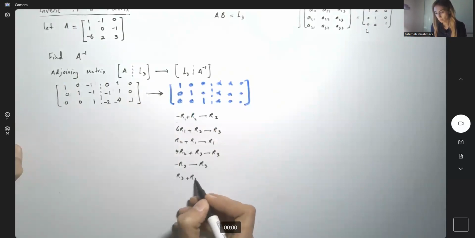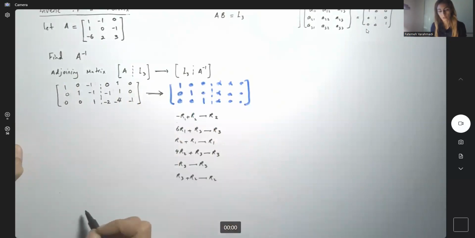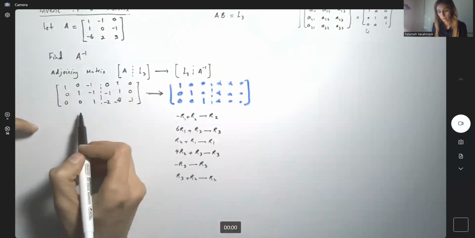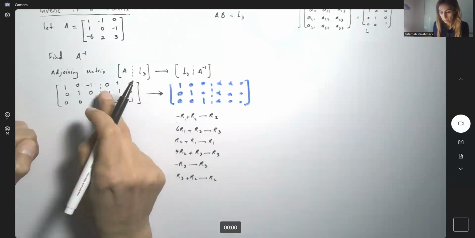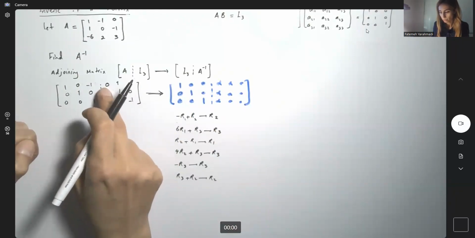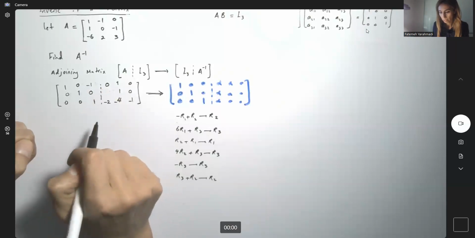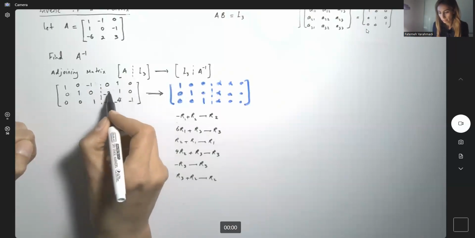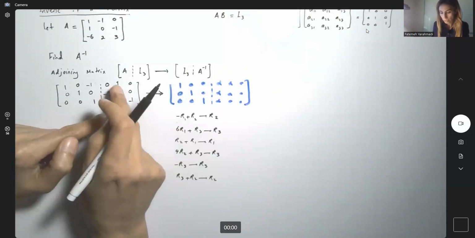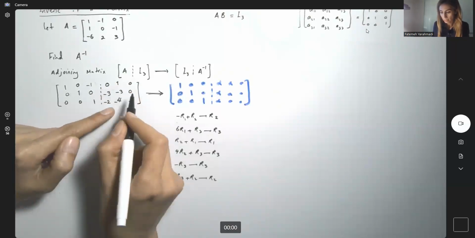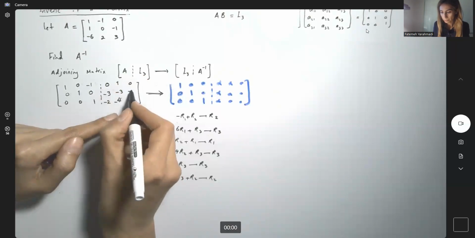R3 plus R2 becomes my new R2. So here you have 0, you have 1, this becomes 0, and this becomes, that was a -1, so here you get -3, and adding these two, you get -3, and this is -1.